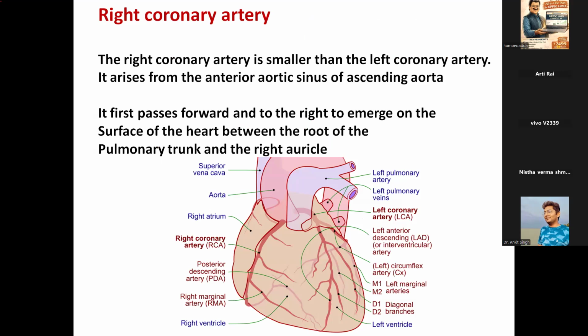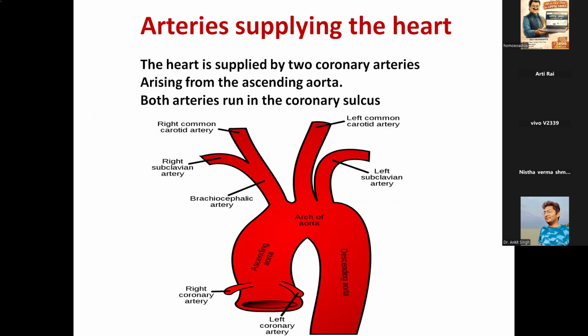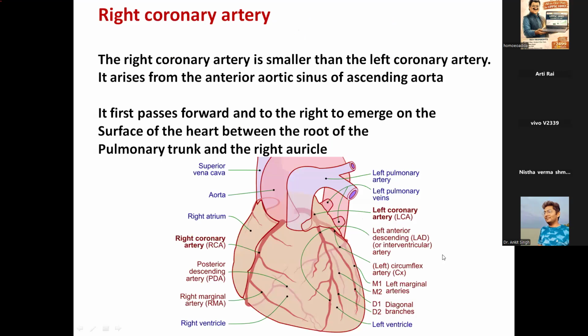ठीक है. So हम पहले बात करेंगे right coronary artery coming from the ascending aorta. You see over here, the right coronary artery is smaller than the left coronary artery. It arises from the aortic sinus of the ascending aorta. It first passes forward to the right to emerge on the surface of the heart between the root of the pulmonary trunk and the right auricle.